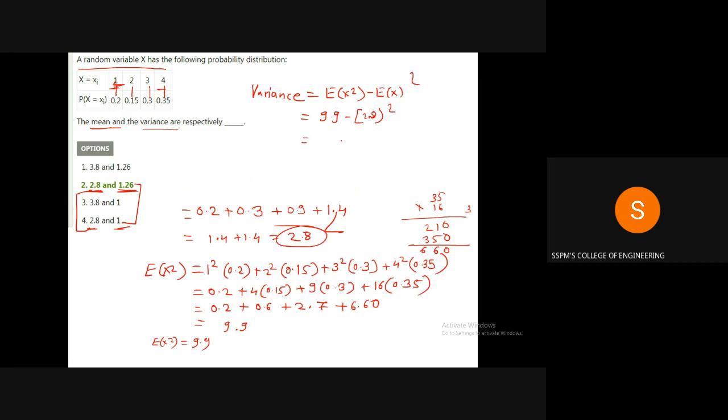Now if you calculate this, 9.9 minus 2.8 square, the subtraction will be 1.26. So this will be the correct option.